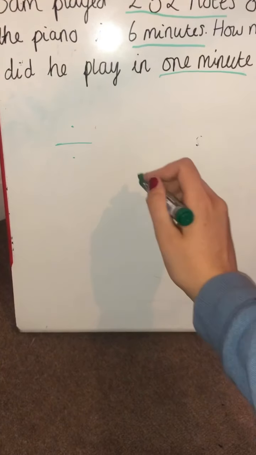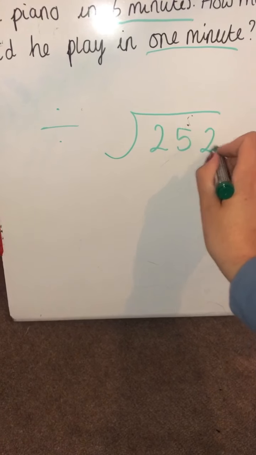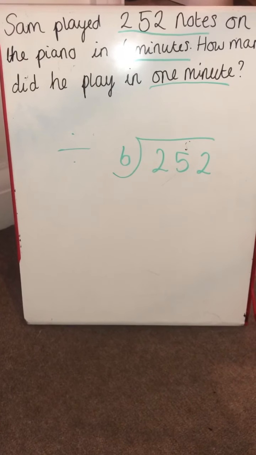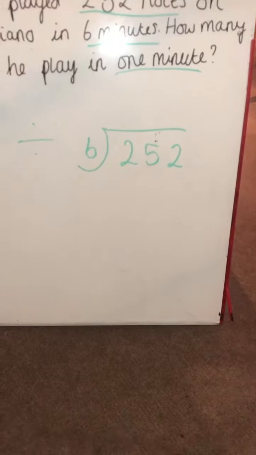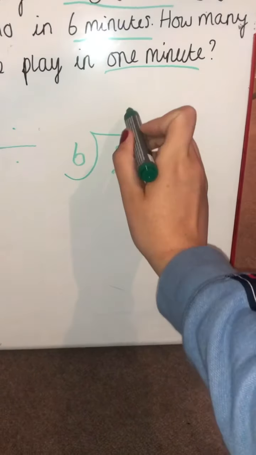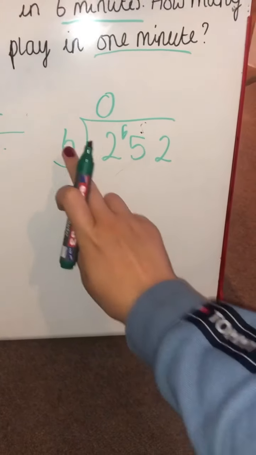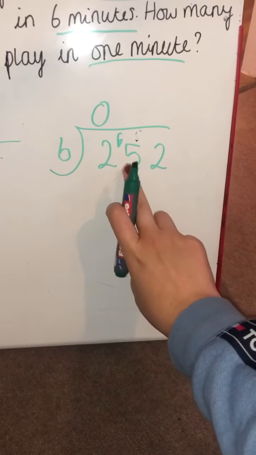So therefore, I'm going to have to do 252 divided by 6. I'm using bus stop method, short division, because it's only a single digit number. So let's have a go. 6 into 2 I can't do, it's going to be 0. I carry my 2. 6 into 25, magic maths, my times tables.